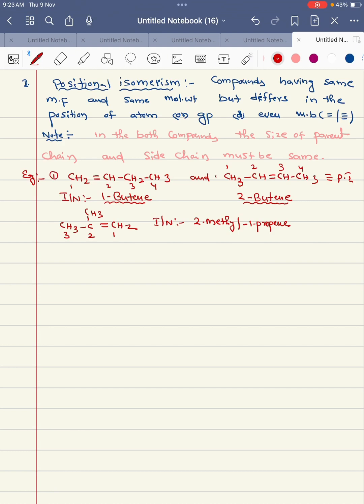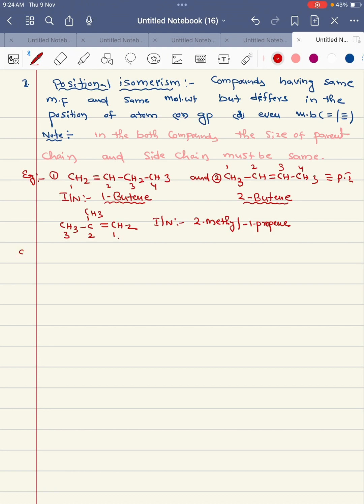Compound 1 and compound 2 are positional isomers. Compound 1 and compound 3: the double bond is located at the first carbon in both, but where is the difference? The difference is in the parent chain or skeleton chain. So these two are chain isomers of each other.